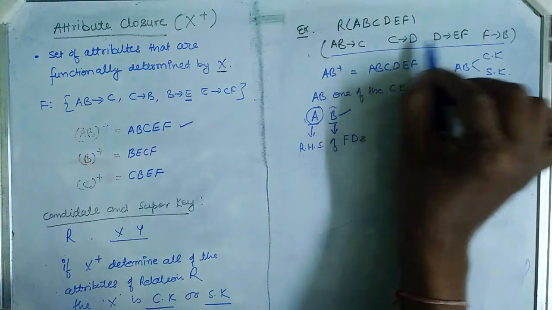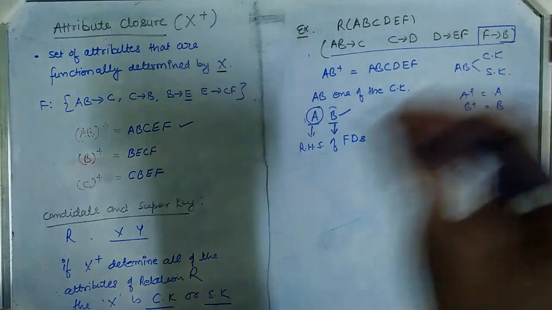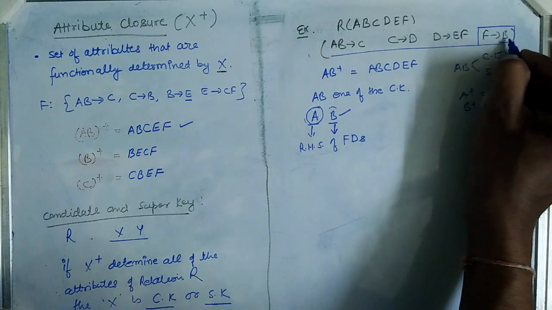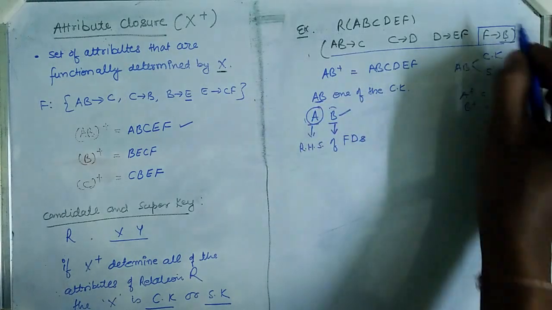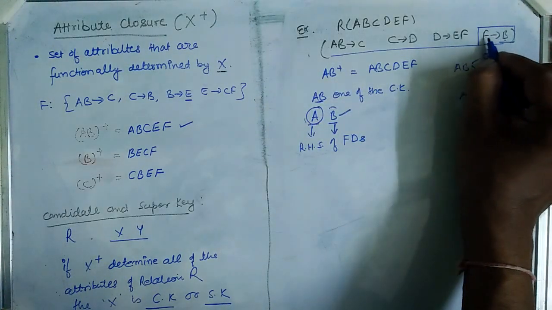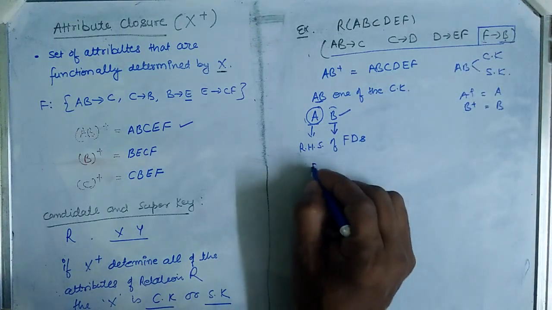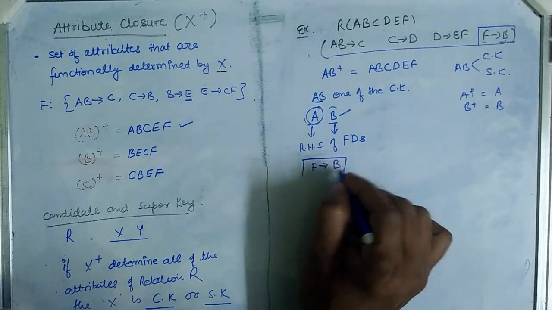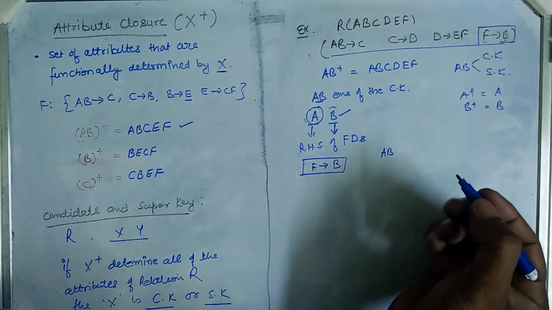Here B is found in the last functional dependency, F tends to B. When you find any prime attribute at the RHS side, replace it in the candidate key with the LHS of this functional dependency. So I found the prime attribute in this functional dependency, F tends to B, and AB is my current candidate key.